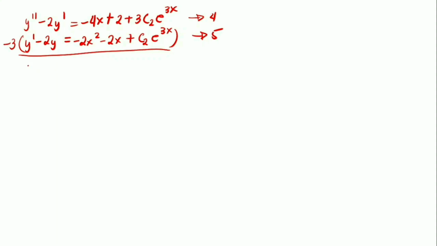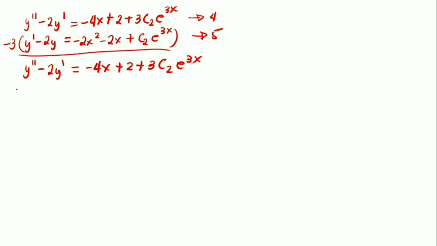So, copy the equation 4: y double prime minus 2y prime is equal to negative 4x plus 2 plus 3c sub 2 e raised to 3x.